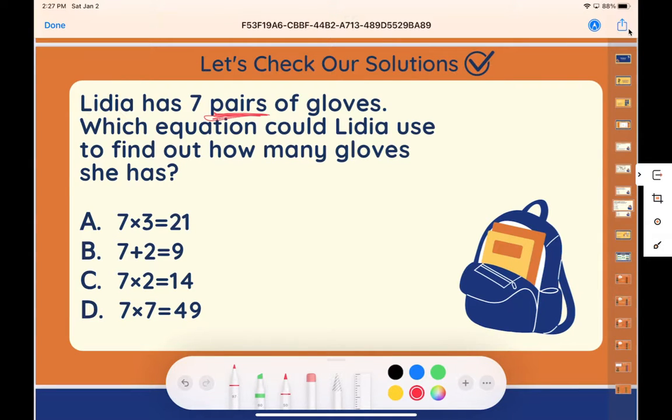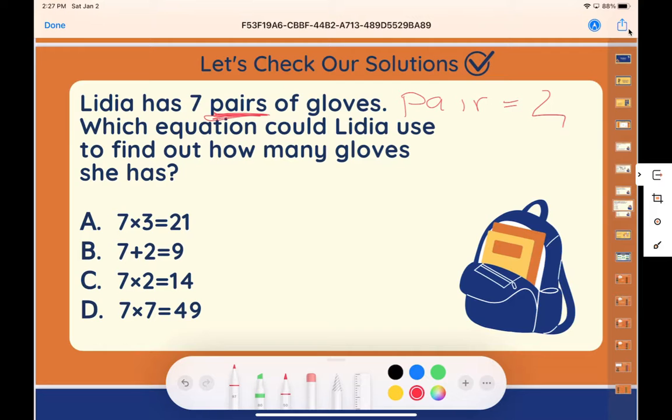And so if you are trying to figure out what a pair of gloves are, maybe you can start by thinking how many gloves you need to cover your hands. That's right. If you're going to put gloves on your hands, you would need 2 of them because you have 2 hands. So a pair means 2. All right, so let's take a look at our question again.